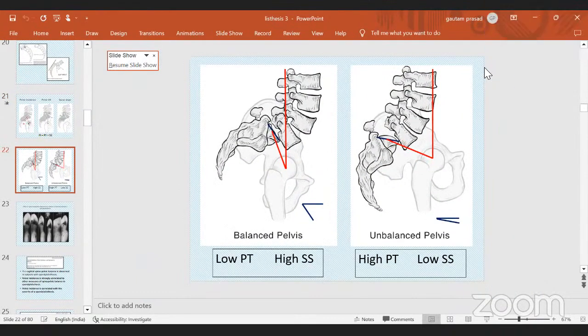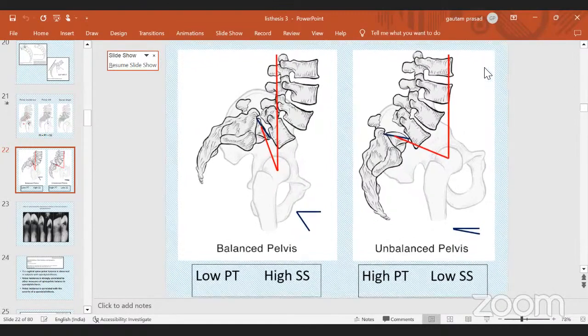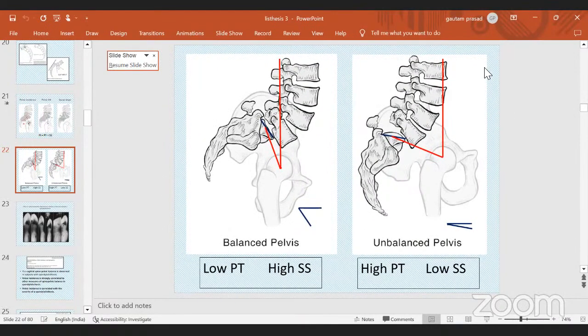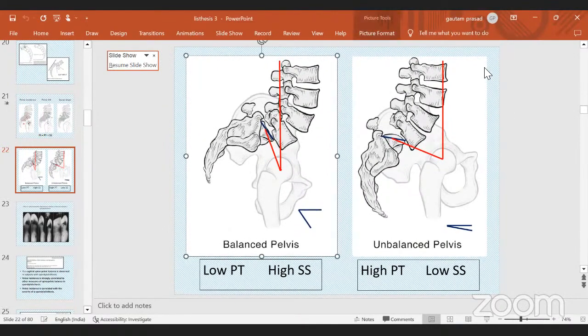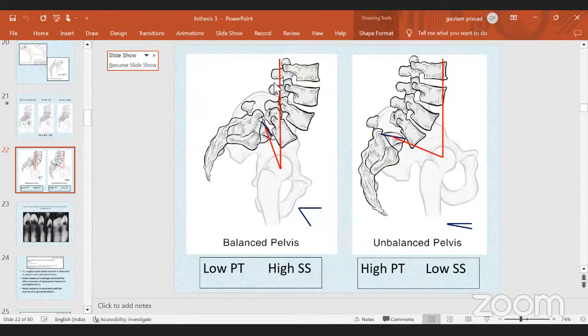So if the pelvic tilt is less, as in the left picture, in listhesis the sacral slope is very high, because that's the angle the sacrum makes with the horizontal. But if the pelvis is balanced, the sacrum is balanced over the center of the femoral head, it's a balanced pelvis.